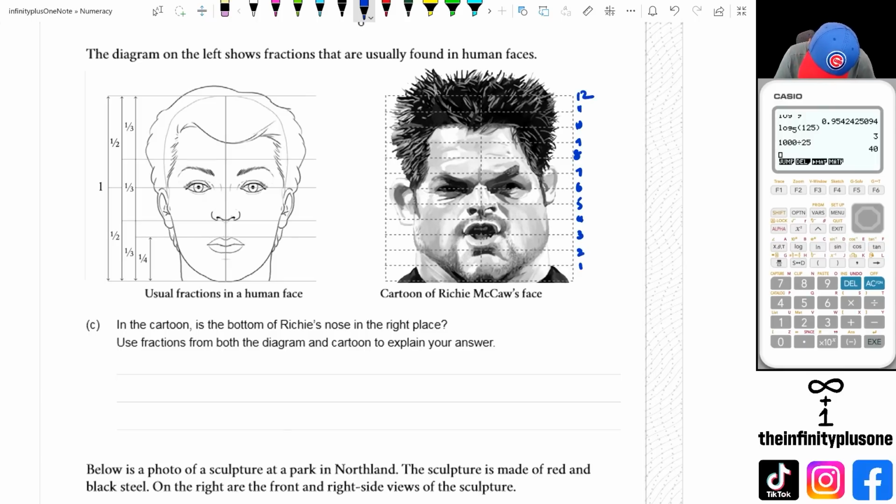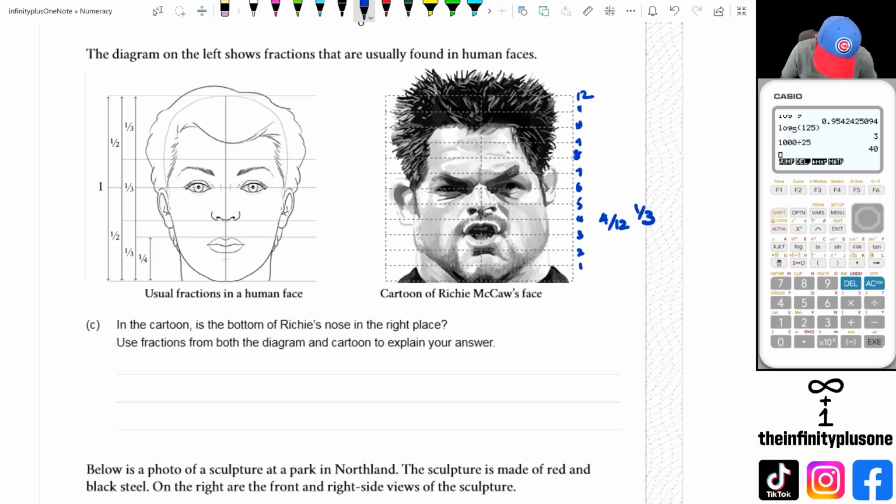Now if you look, the nose is actually at the line 4 out of 12, which is the same as 1/3. So the nose is above the line that's 1/3. So I guess you can say yes, it is correct, because you divided Richie McCaw's face into 12 parts, and the nose is above the 4th division, so that's equal to 1/3.